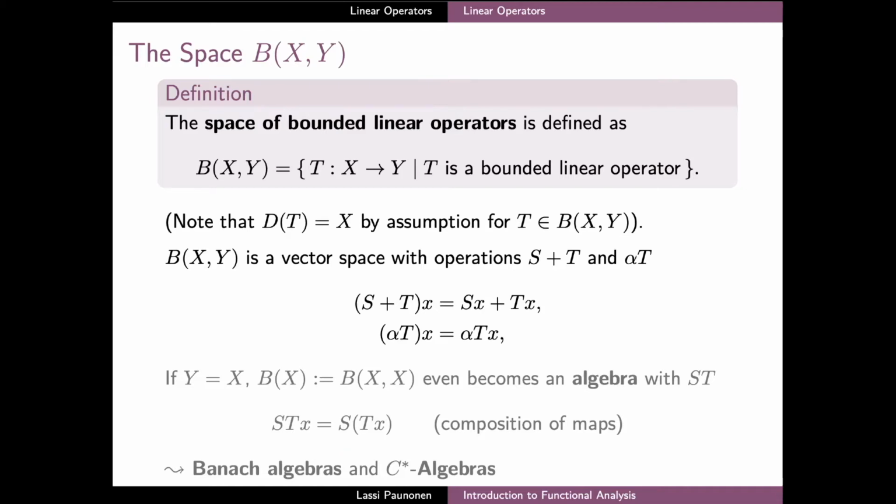And with this additional third operation, the space B(X) becomes an algebra, and this leads to the study of so-called operator algebras, which is a very important branch of functional analysis.